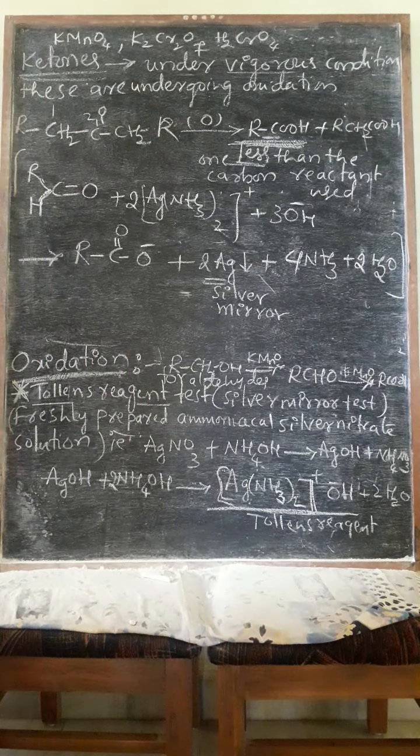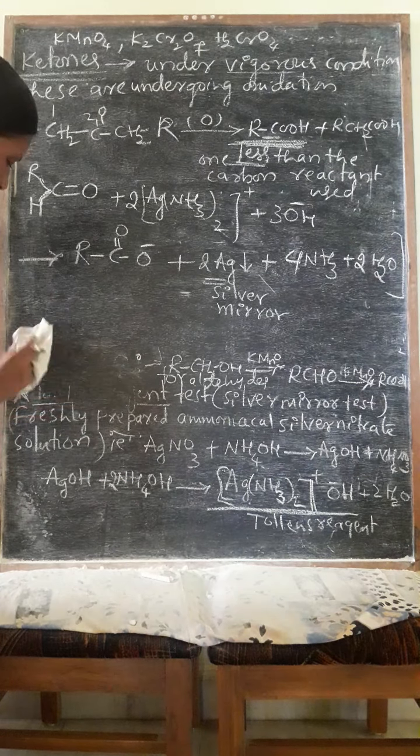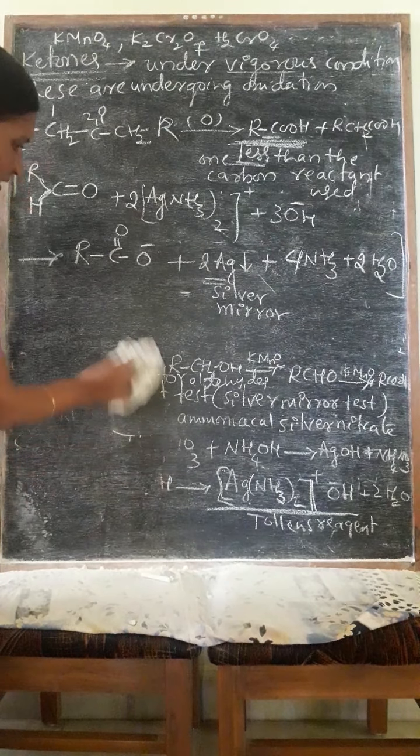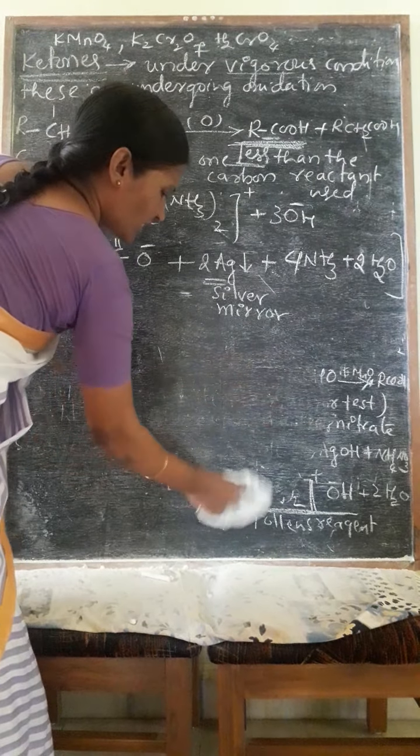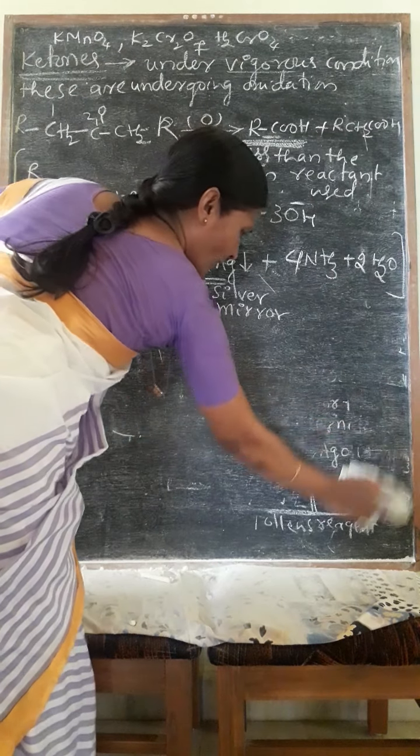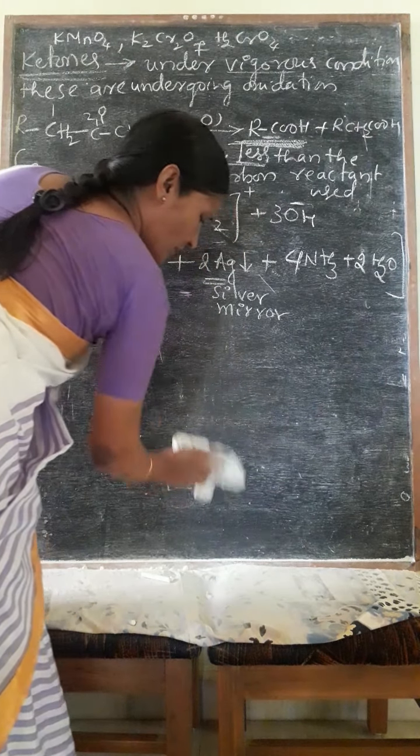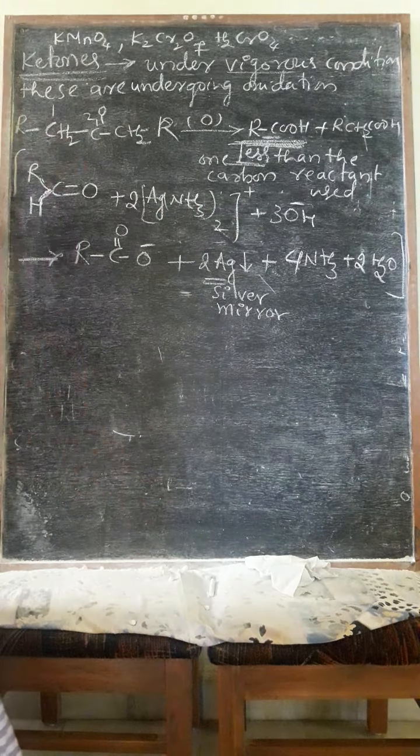Now how the reaction mechanism is carried out. For this Tollens reagent, I will try to represent that mechanism. Simply you know the overall reaction, you have to practice, that is enough. This is only for understanding the mechanism.